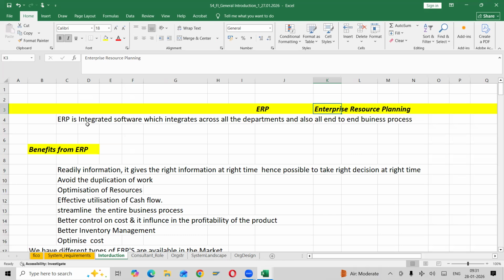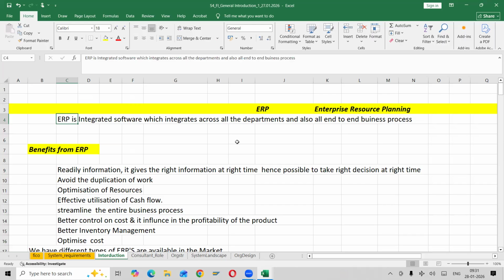So what is ERP? ERP is an integrated software. It's a link software which integrates and makes connections across all the departments, whatever the departments may be, and also all end-to-end business processes.